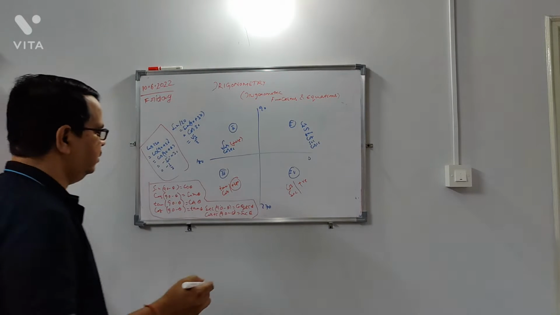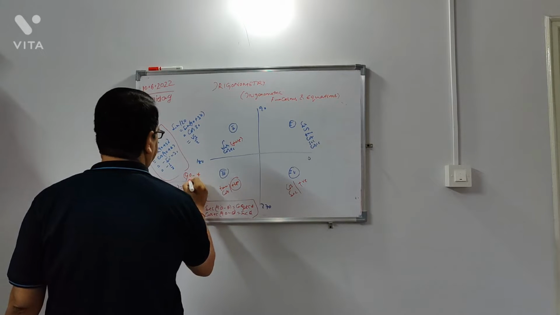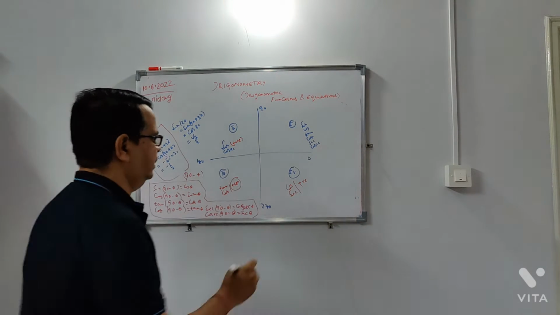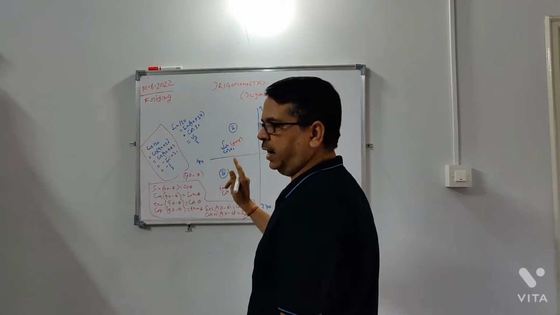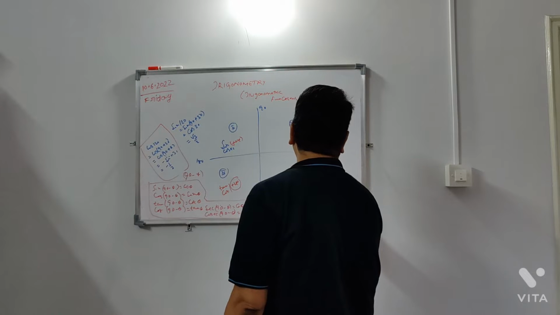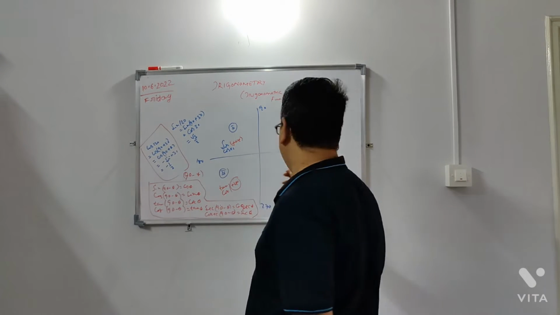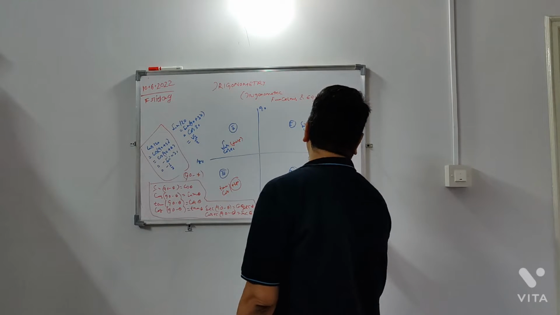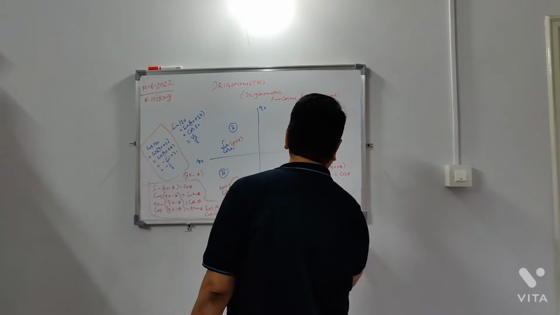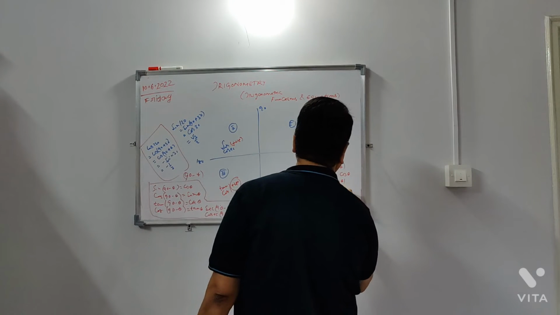But 90 plus theta is a bit tricky. Sine 90 plus theta becomes the complementary one: sine 90 plus theta is equal to cos theta, but cos 90 plus theta is equal to minus sin theta.